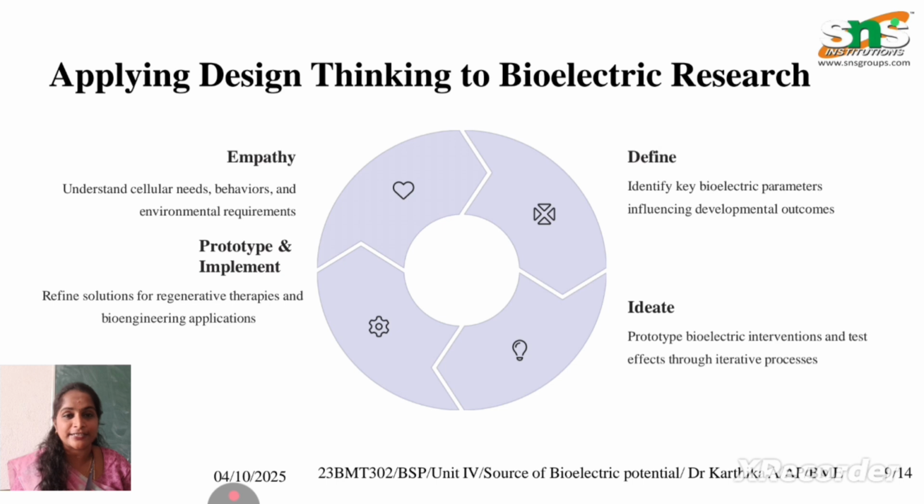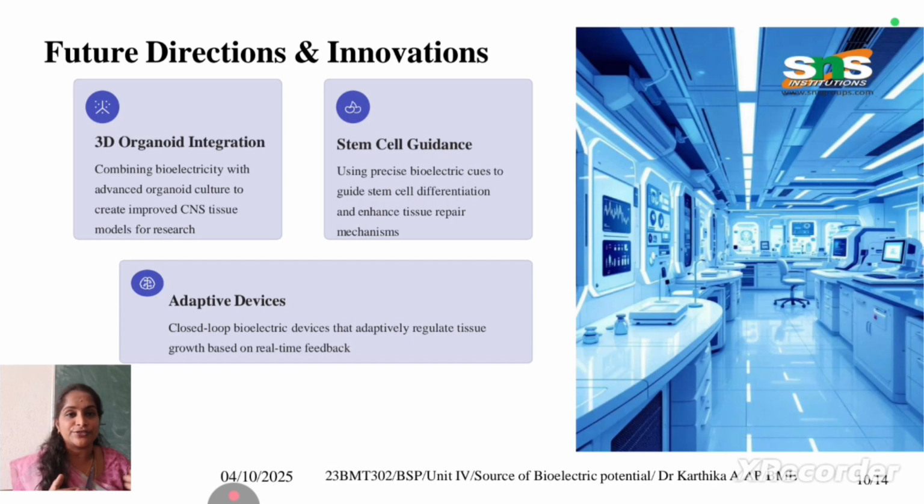See the future directions and innovations, which include 3D organoid integration, stem cell guidance and adaptive devices. Here we have closed loop bioelectric devices, which provide accurate precision in tissue growth based on real-time feedback. 3D organoid integration combines bioelectricity with advanced organoid culture to create improved CNS tissue models for research and other applications.